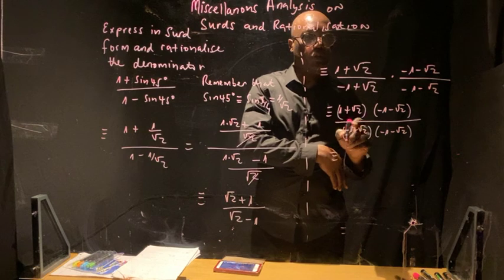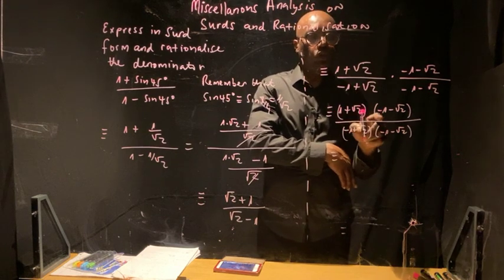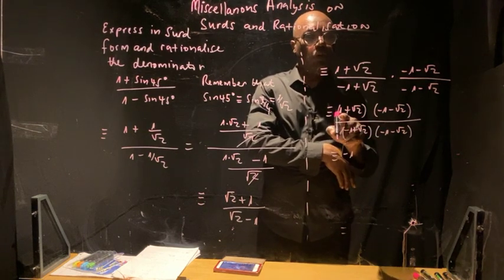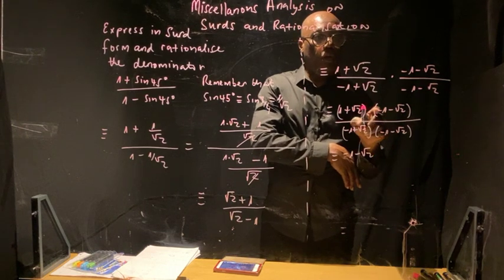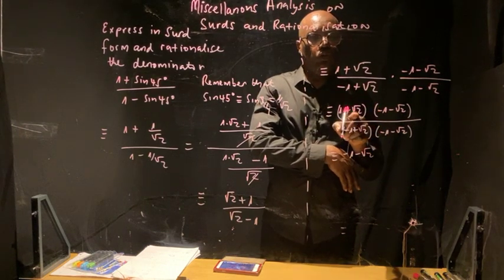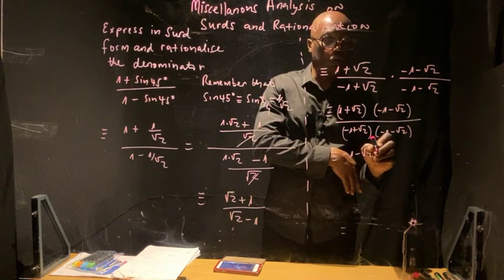Then it becomes 1 multiplied by minus 1 is minus 1. 1 multiplied by minus root 2 is minus root 2. Minus 1 multiplied by root 2 is equal to minus root 2.